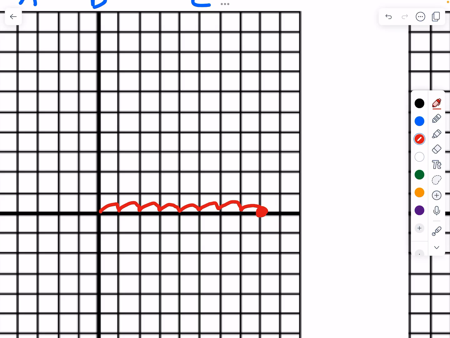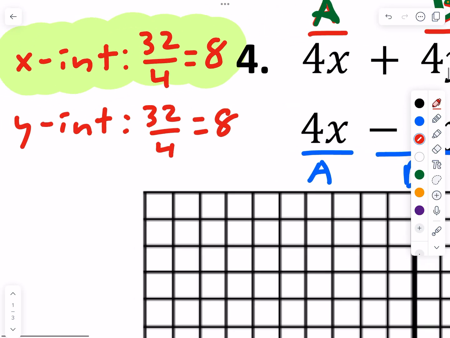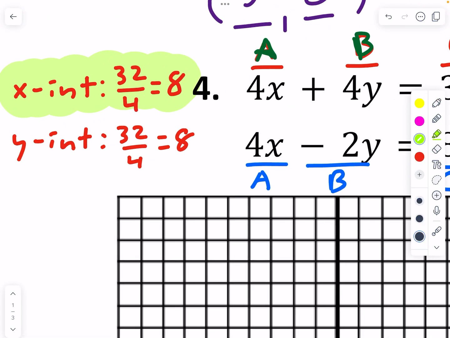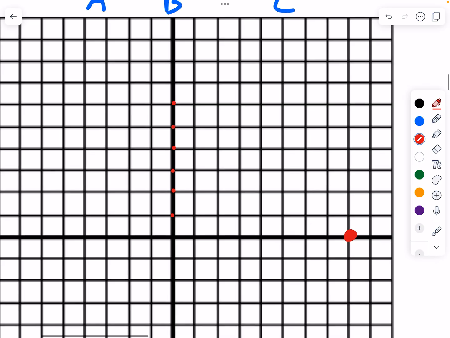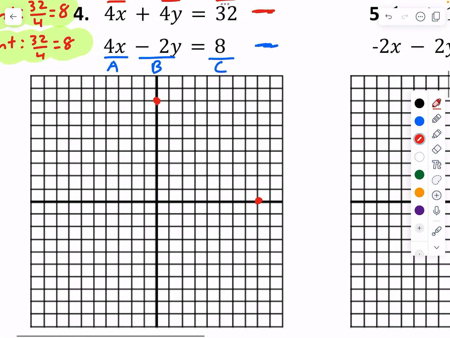And for my y-intercept, I'm going to go up 8: 1, 2, 3, 4, 5, 6, 7, 8. The top one is the one that matters. I have my 2 dots. I will connect them. Boom.